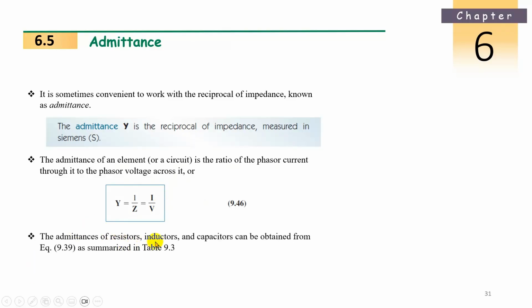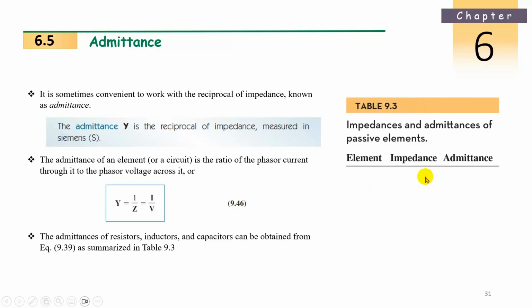The admittance of a resistor, inductor and capacitor can be obtained from the previous equation, table 9.3. You can check the table, with element, impedance and admittance.